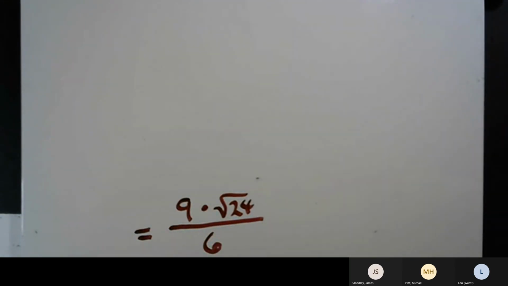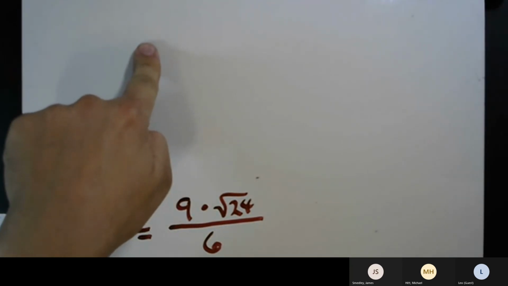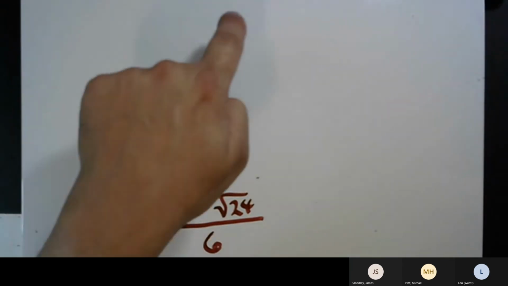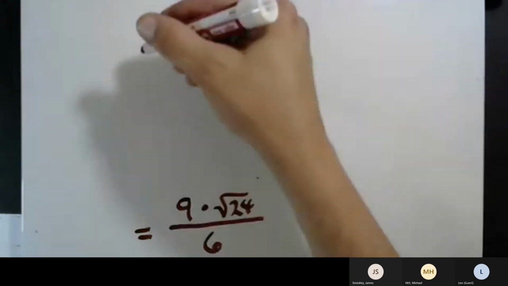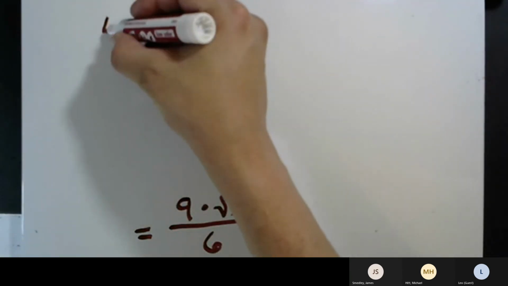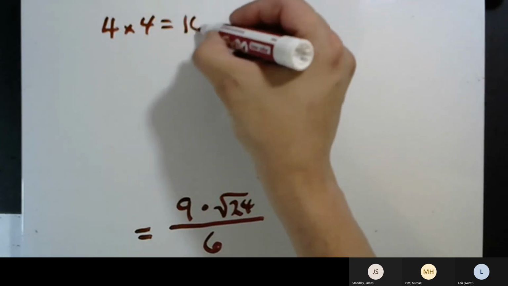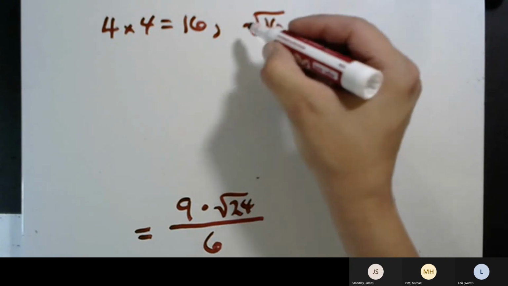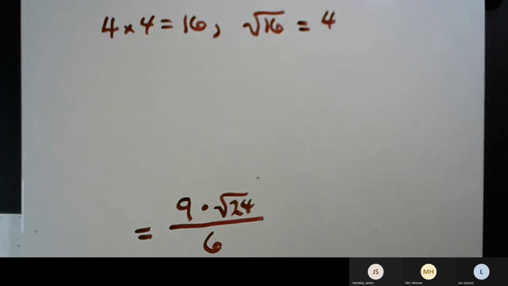Now square root of 24, so let's see, 4 times 4 is 16, so the square root of 16 is 4. 5 times 5 is 25, the square root of 25 is going to be 5. 24 is between, so how do I know if I don't have a perfect square for 24? Well, 4 times 4 is 16, so the square root of 16, and we're only interested in the positive square root, is going to be 4.